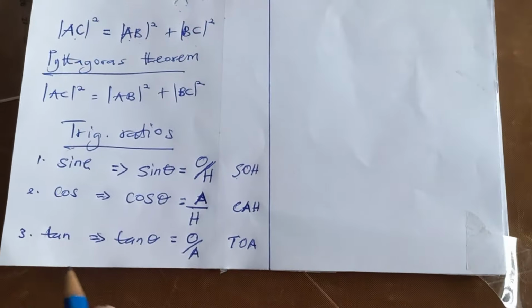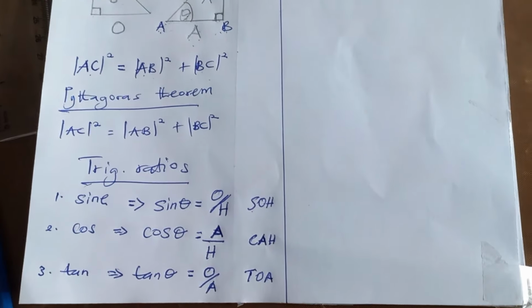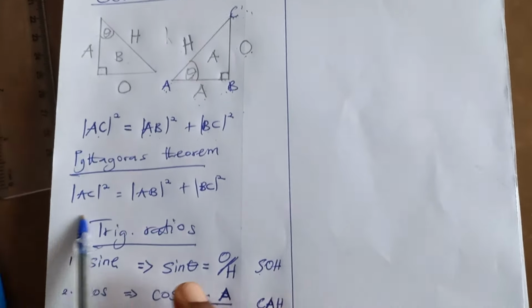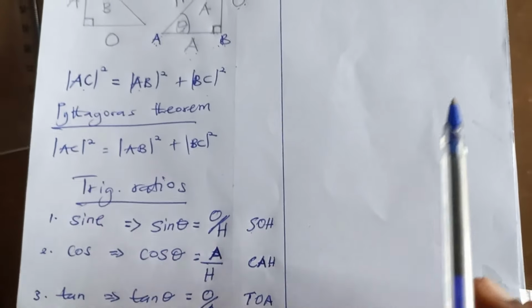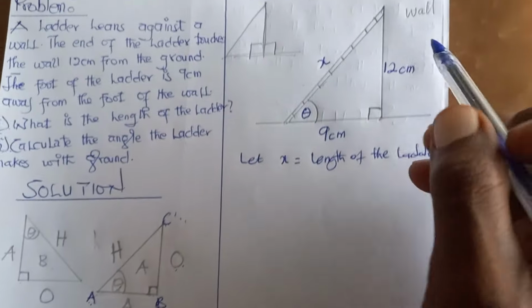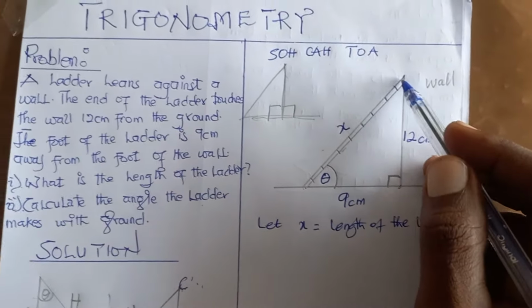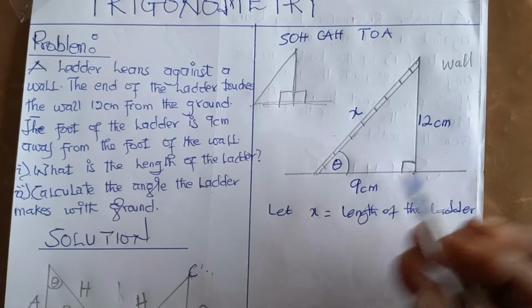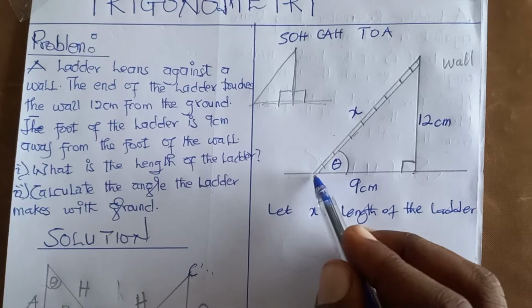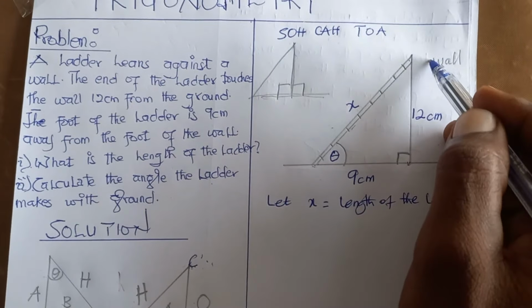Okay, good. So we can use our Pythagoras theorem to get the x, right? Because moving from the top of the wall to the ground is the same like moving from this side to this, right?